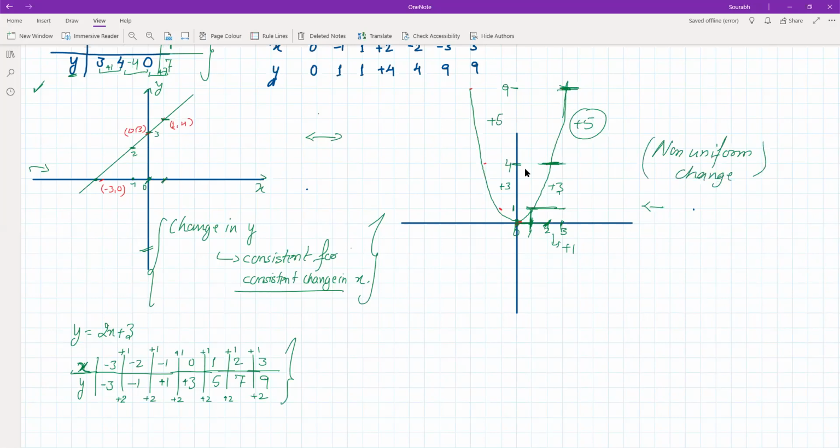So these are the two basic things which we have seen here, that one change is consistent, another change is non-uniform change.